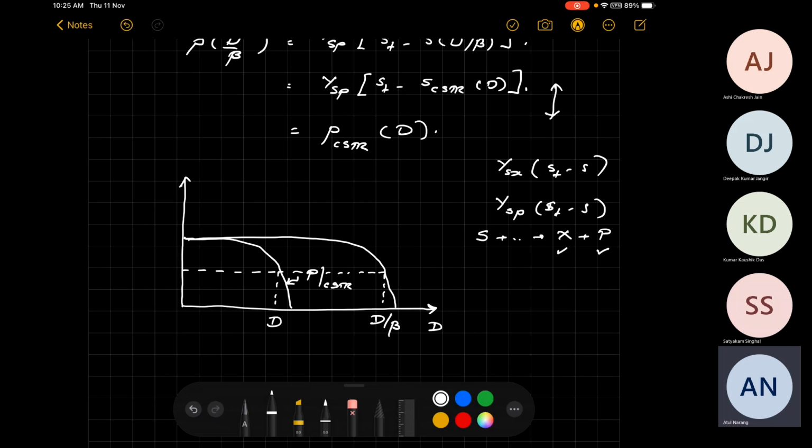Let me recount, because S and P have very similar properties. Whatever happens at a particular D in a CSTR, insofar as the substrate and product concentrations are concerned, will happen in a recycle reactor at D over beta. But the biomass concentration is a little bit different.